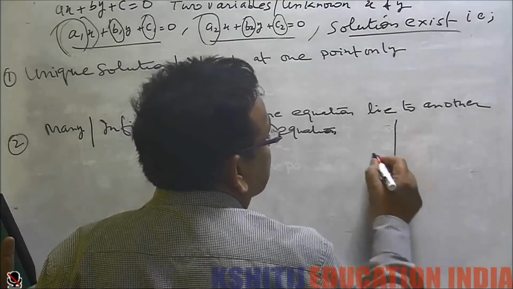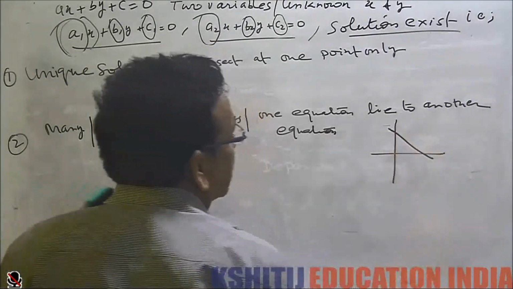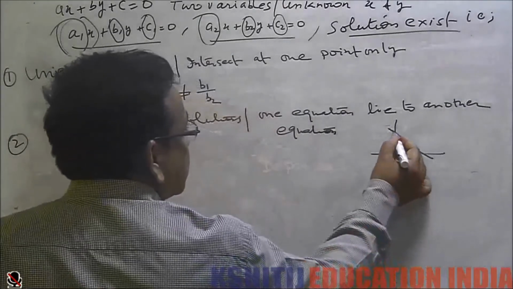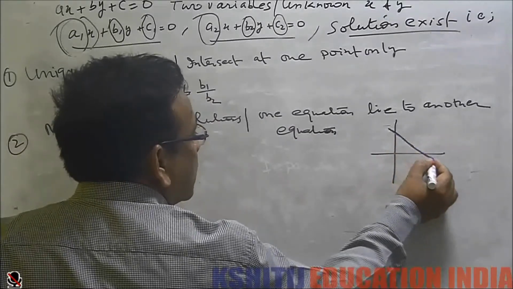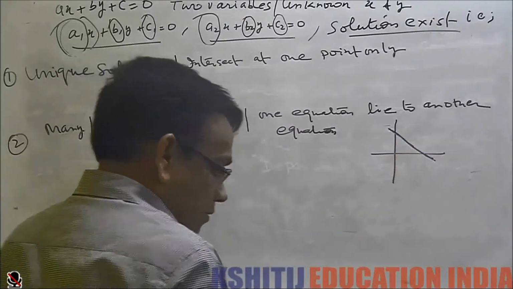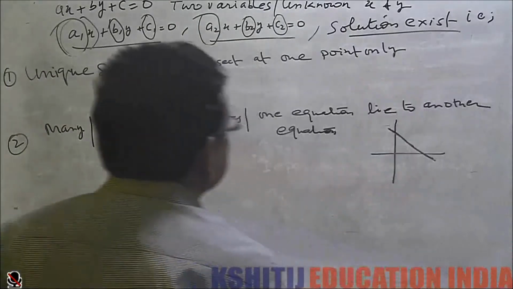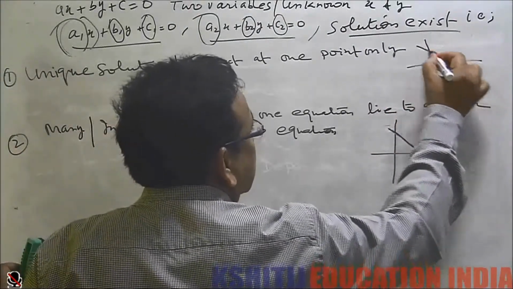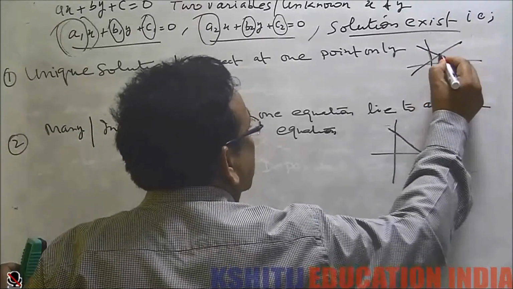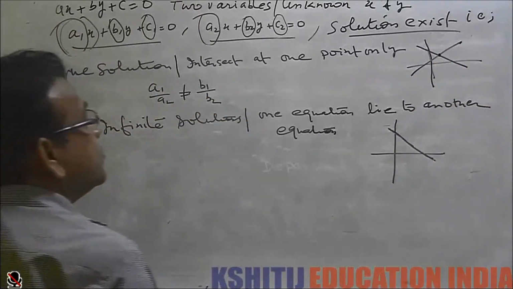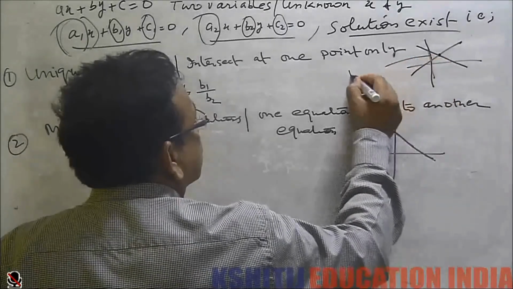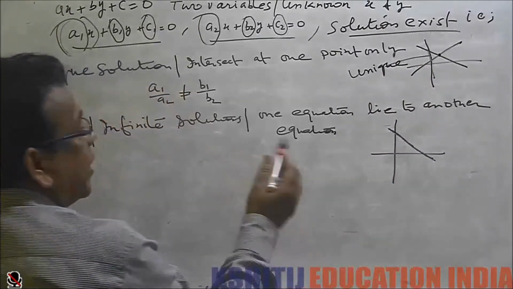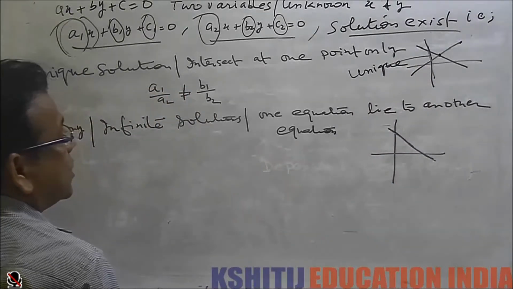In the graph, there is a unique point. Where one equation lies on another equation, there are many solutions.